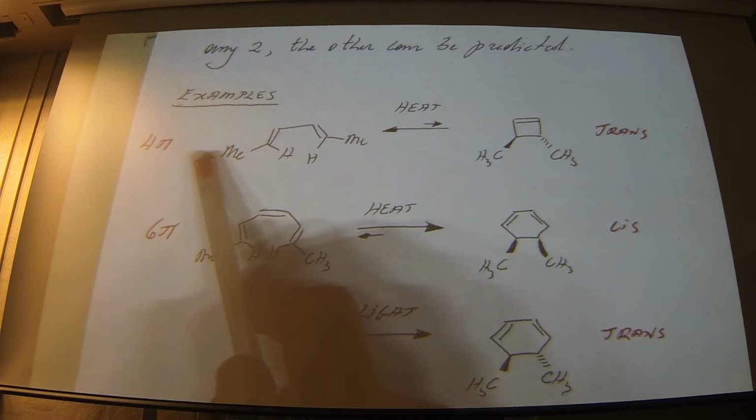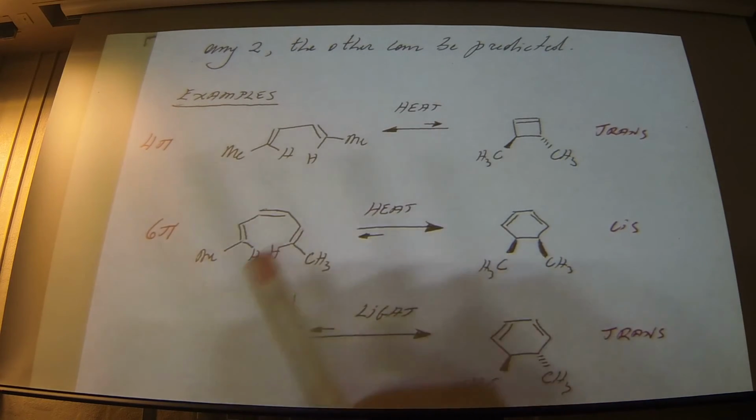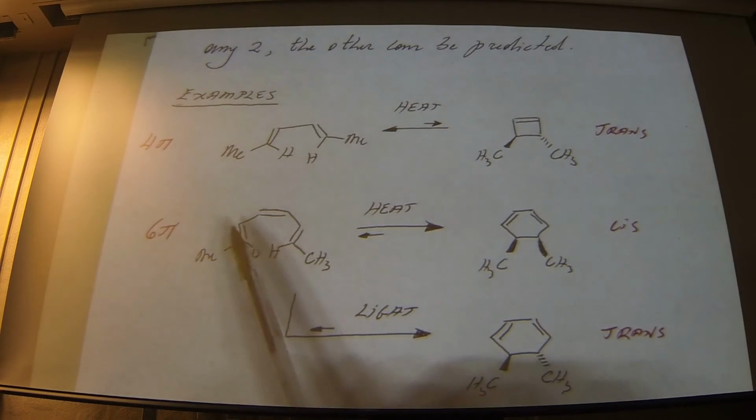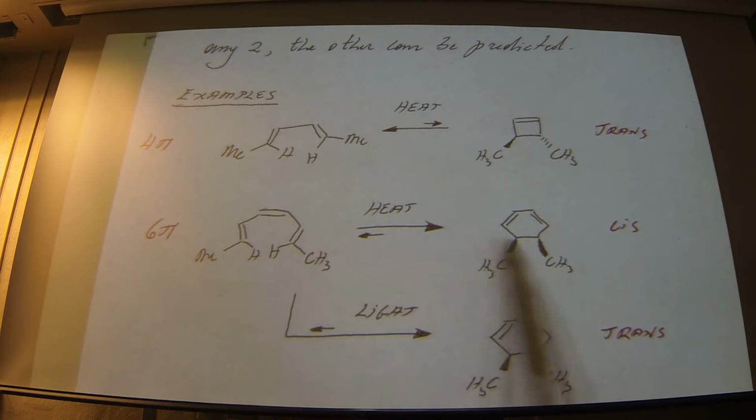Now this is a 4 pi electron reaction. We always count electrons in the ring open compound. So when we're talking about 4 pi, 6 pi, 8 pi, whatever, it's always the ring open, not the ring closed. If I heat this up, I end up with a cis product. If I shine light on it, trans.